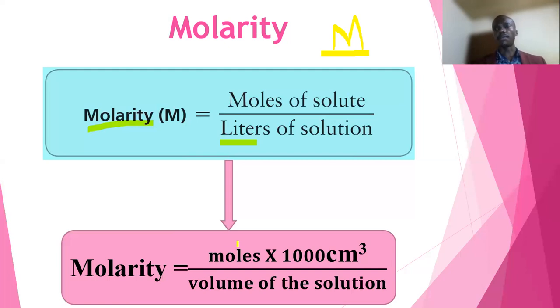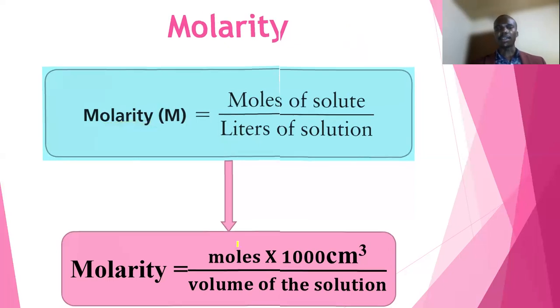But if you are given the molarity of sodium hydroxide and also the volume of its solution, then you can get its moles. There you multiply molarity times the volume you've been given, over 1,000. I hope you've gotten that. Let's see this.